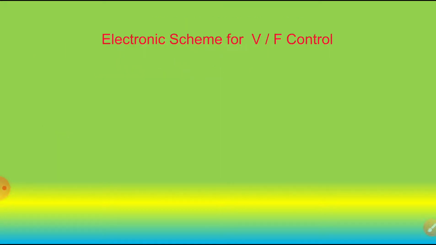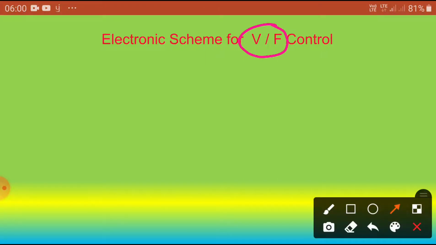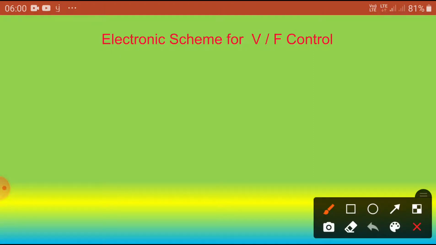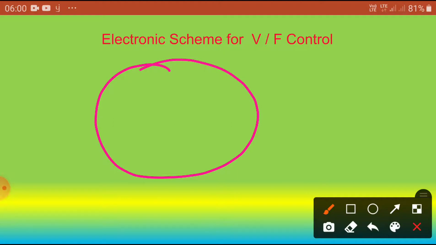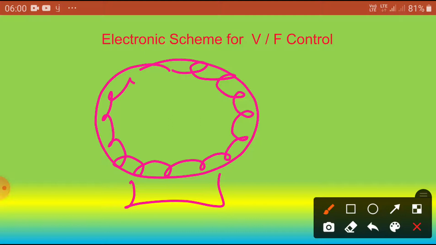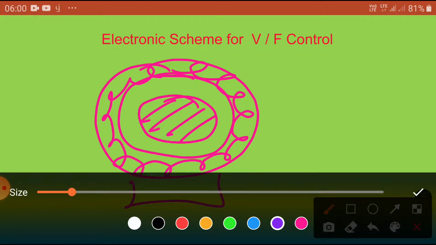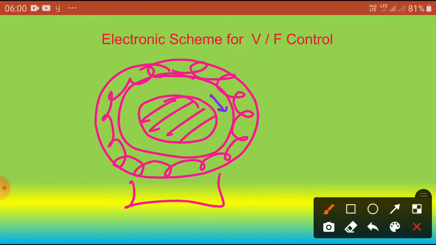Now, the electronic scheme for the V by F control. Here, one problem takes place. What is happening here? This is a stator, and the stator has a winding. Then there is a rotor, and here is the rotor winding. There is an air gap here, the stator and rotor air gap.